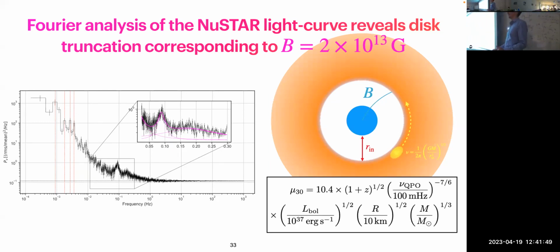And if we assume that the disk is truncated due to the magnetic field, right, then we can relate the strength of the magnetic field to this radius here, right? So you plug it into this big equation here that includes the frequency, it includes the accretion rate, et cetera. Then you get a magnetic field of 2 × 10⁻13 joules. Okay, that's a factor of a few bigger than what we saw with the cyclotron line.